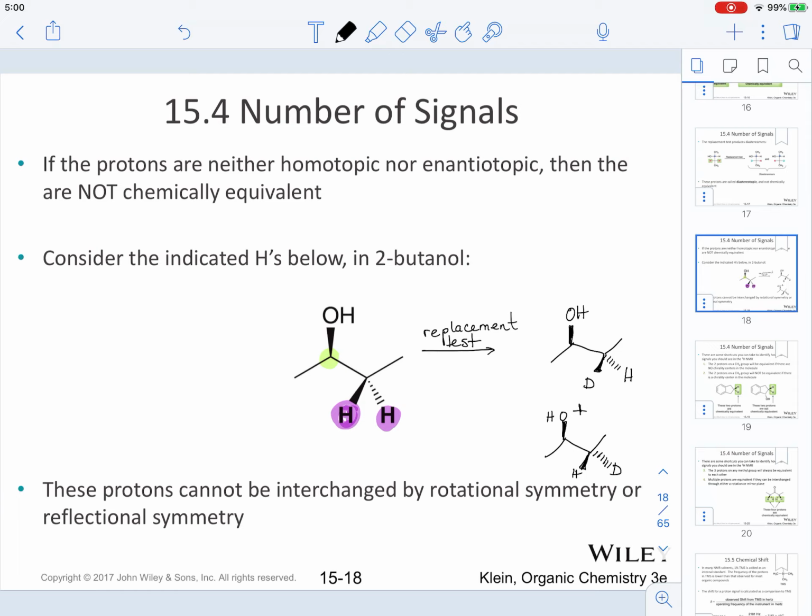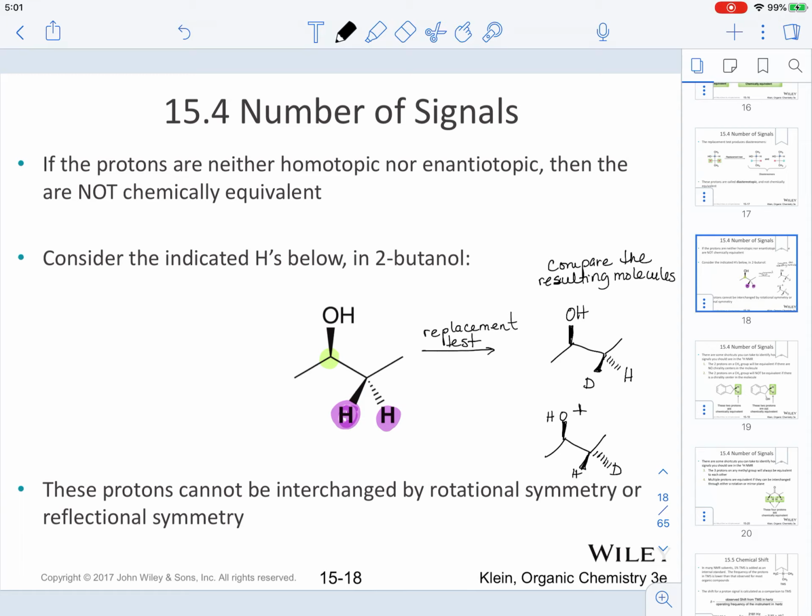Then we compare the resulting molecules to determine if those two protons that we first had in the molecule are homotopic, enantiotopic, or diastereotopic. So when we compare the molecules that result from this replacement test, we can see that the original molecule had already a specific chiral center.